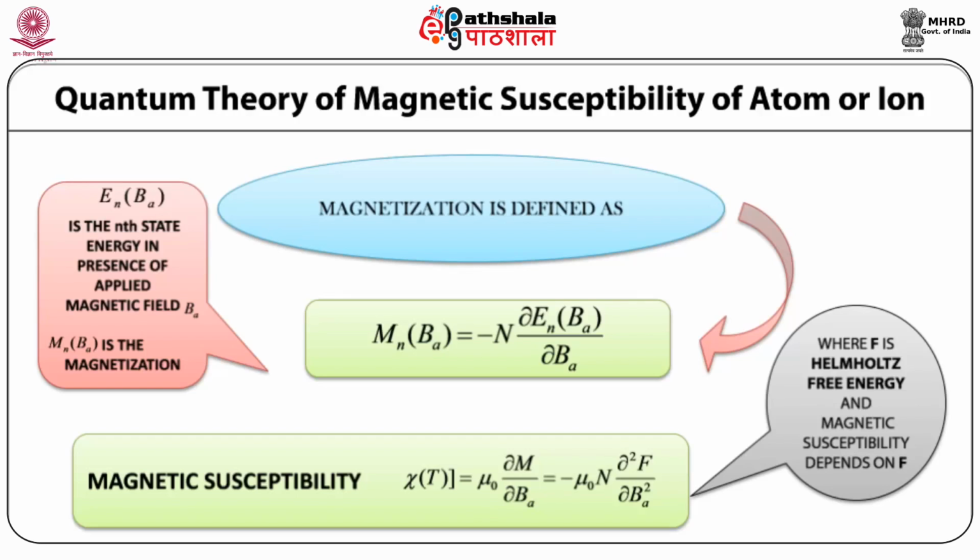The magnetic susceptibility depends upon the Helmholtz free energy F. Of course, in thermal equilibrium at temperature T, the thermal average of the magnetization of each excited state En as a function of Ba is given as what we have written down here.